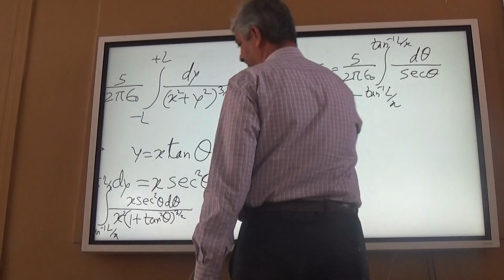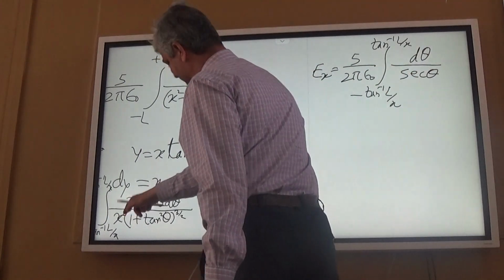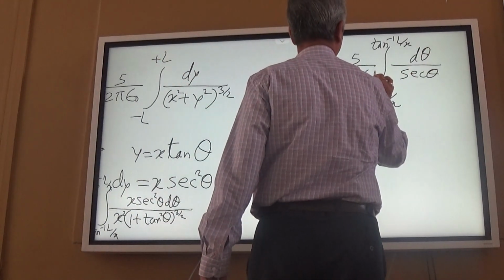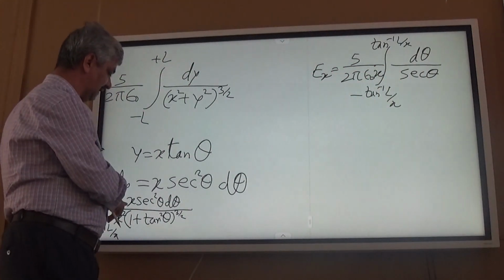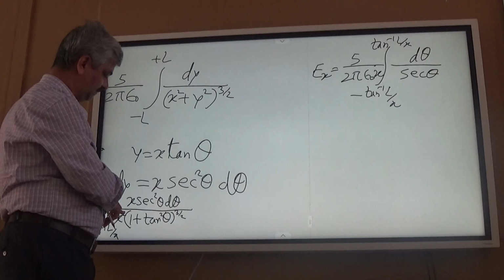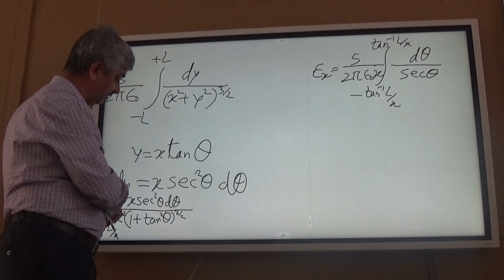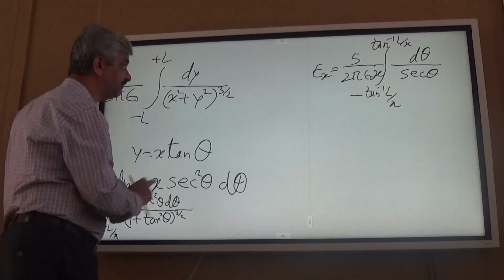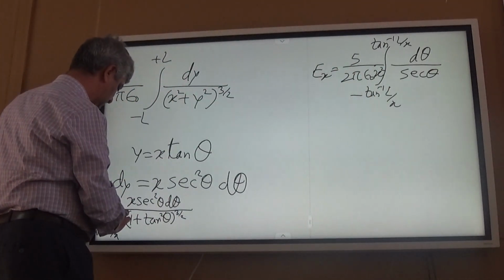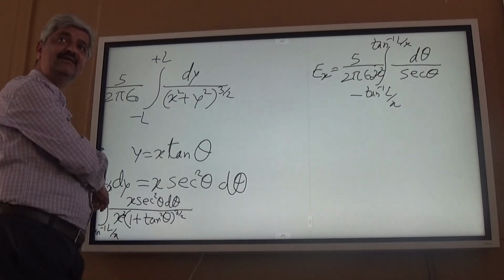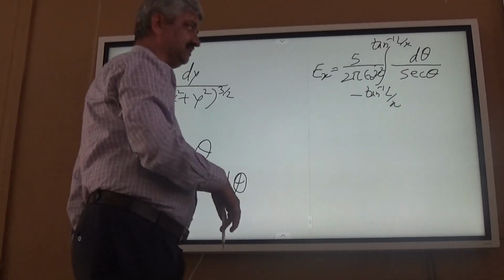Not x cube, this x comes out. Well, x is constant, right? x sec square theta. Oh, this x is inside, right? So it is x square comes here, so it is x cube actually. Is it okay? Small mistake in the previous step.